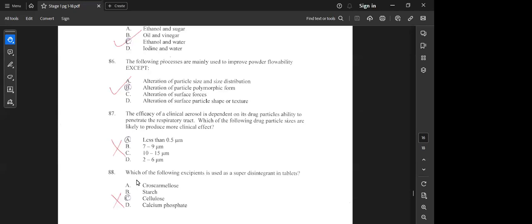I'm seeing it is an internally cross-linked sodium carboxymethylcellulose for use as a super disintegrant in pharmaceutical formulations.